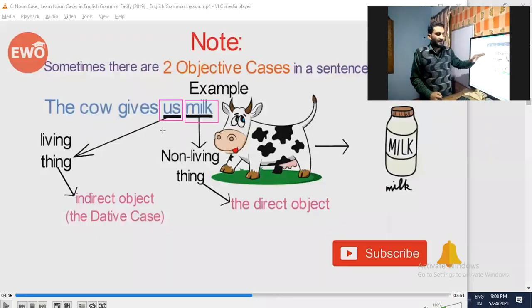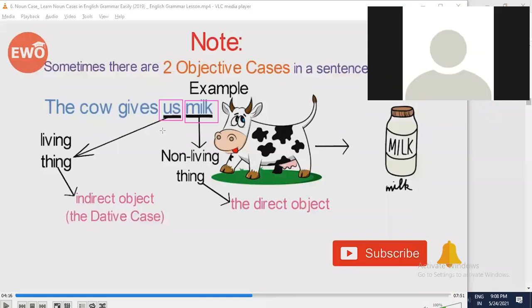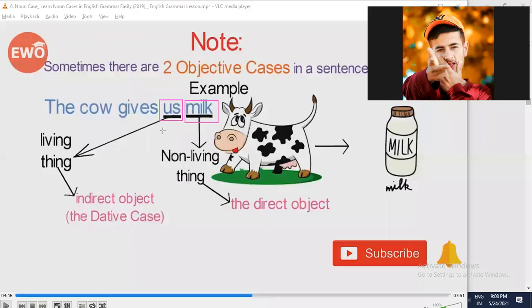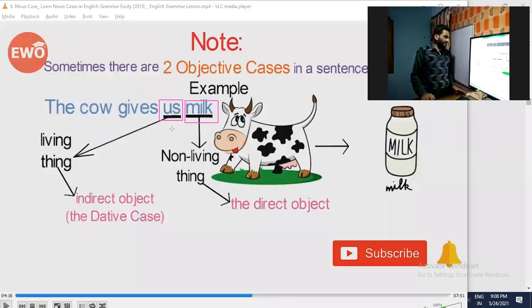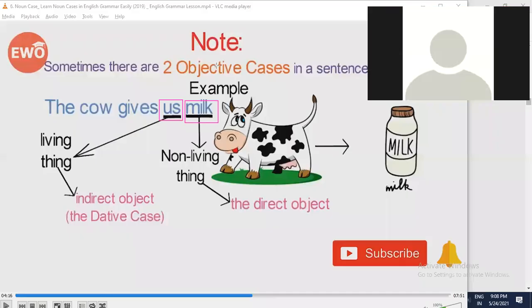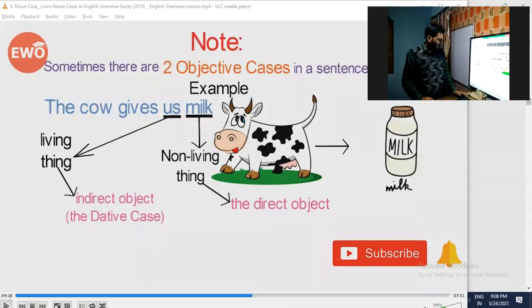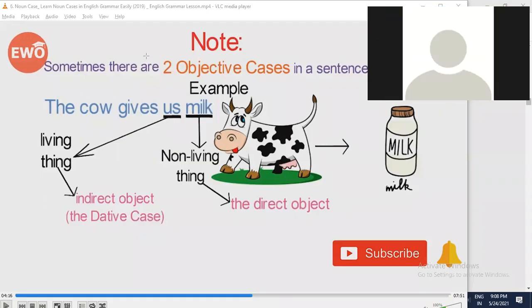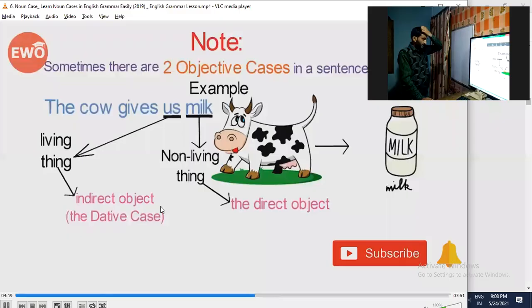So this is complete. So how many objects do we have in this sentence? We have two objects. Very good. One is a non-living thing, that is called the direct object. The second is a living thing, that is called the indirect object. Is it clear to you? Yes, sir. Okay. Now you can see that we completed how many cases?